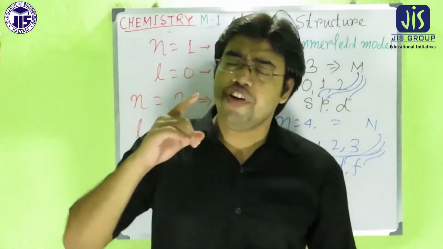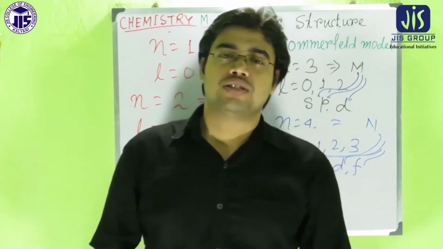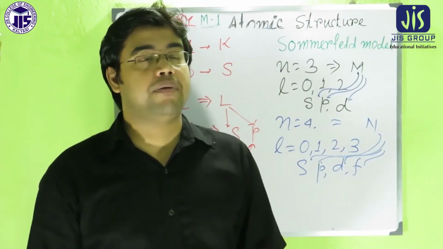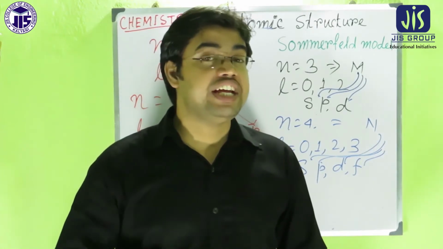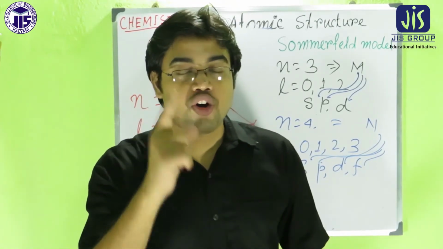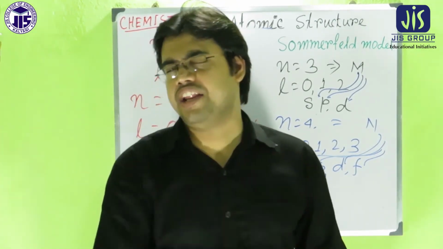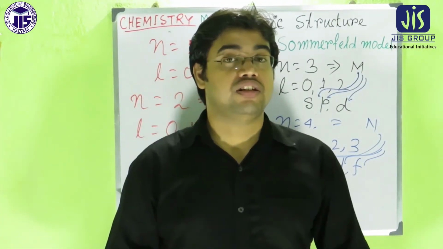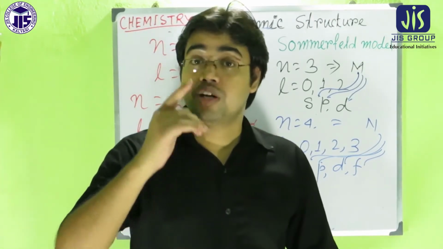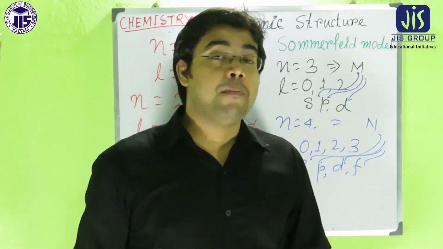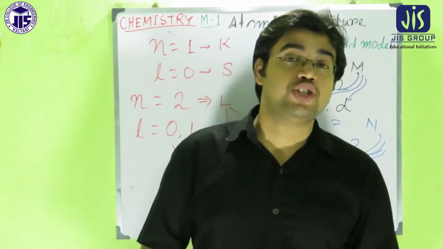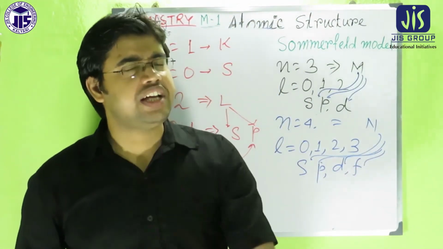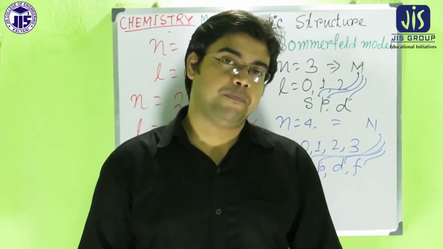The Sommerfeld model also suffers from some limitations. Up to the Sommerfeld model, it was considered that the electron has only particle nature. But further, we know that the electron has a dual character, both particle and wave. The wave nature of the electron was not explained by the Sommerfeld model.